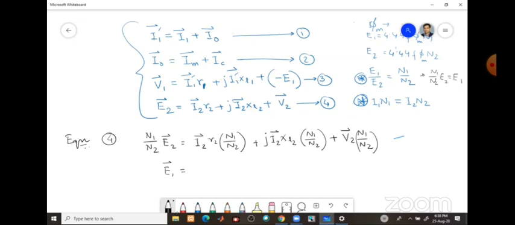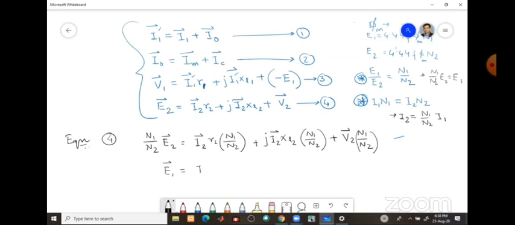I will write I2 in terms of I1. From this equation, you can see I2 is nothing but n1 by n2 into I1. So I2 equals n1 by n2 into I1, and I will substitute that over here.